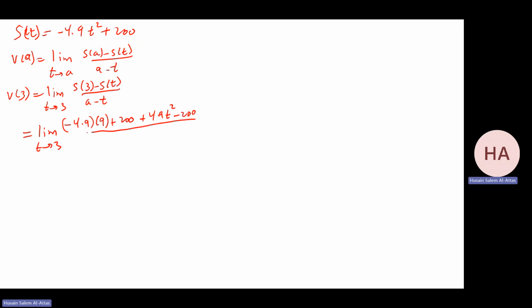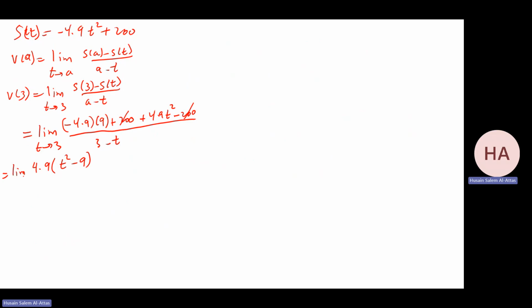Let me do it quickly. Over 3 minus t. And that will be what? This is cancelled. I can take 4.9 as a common factor. I'm getting what? t squared minus 9.